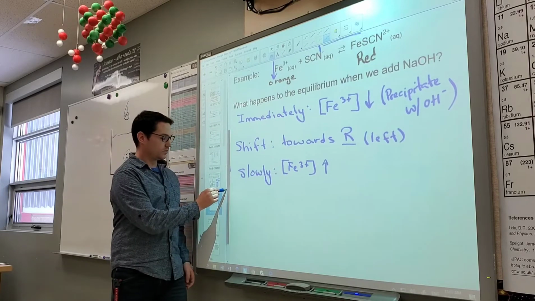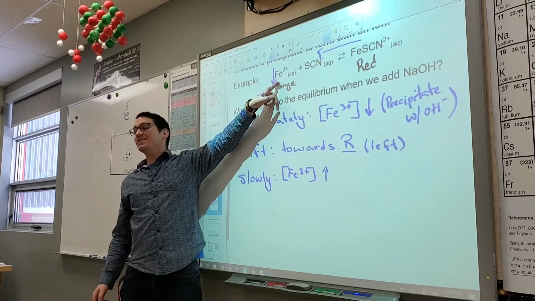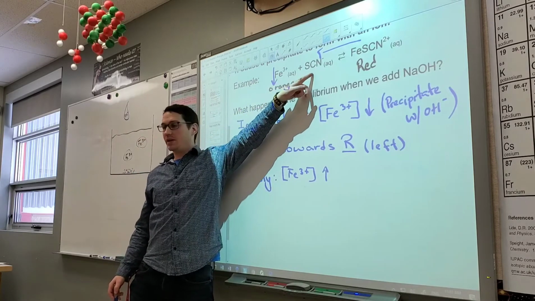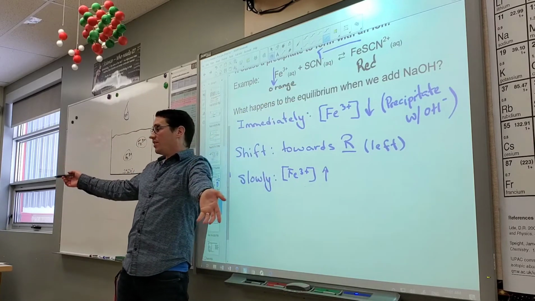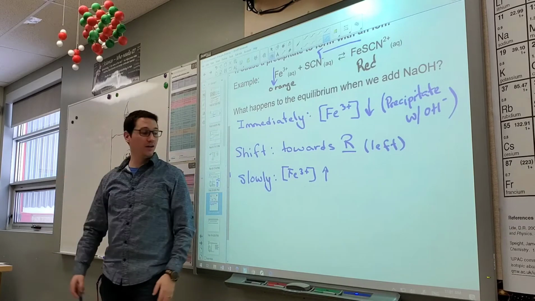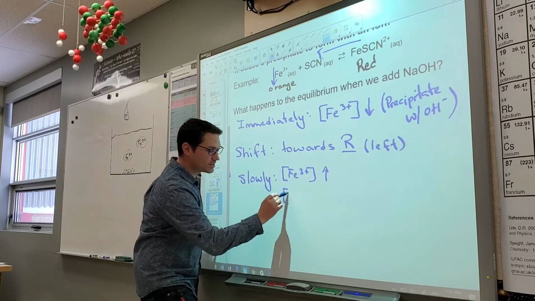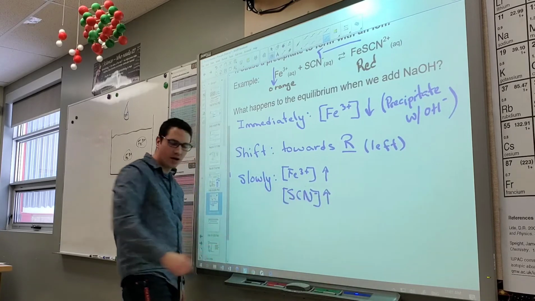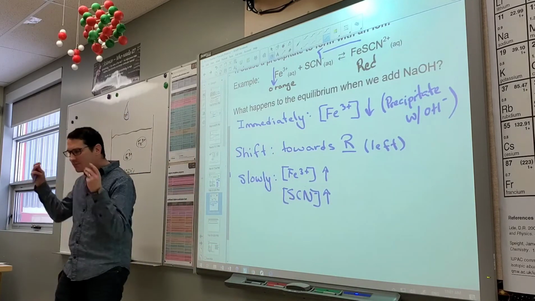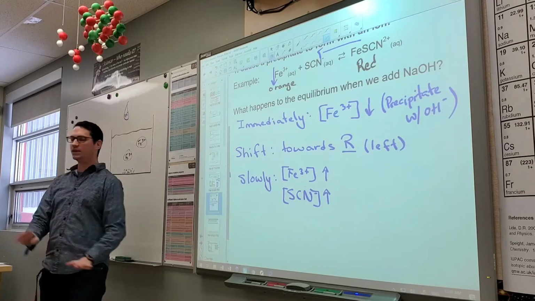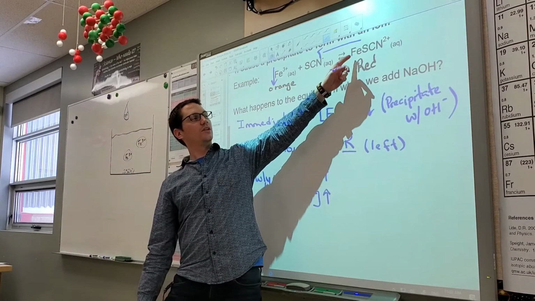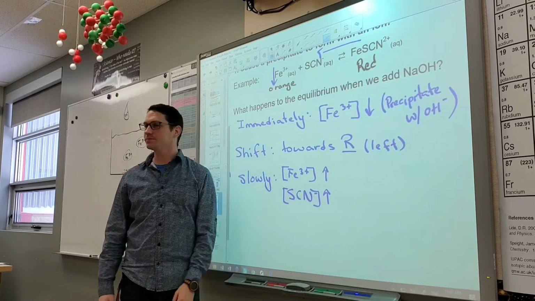Now, iron 3+ isn't the only thing that's made, right? Every time we make iron 3+, what do we also make? Our thiocyanate, right? So our SCN minus is going to increase as well. But that's slowly, right? Not immediately, but slowly it increases. And then what happens to the concentration of iron thiocyanate?